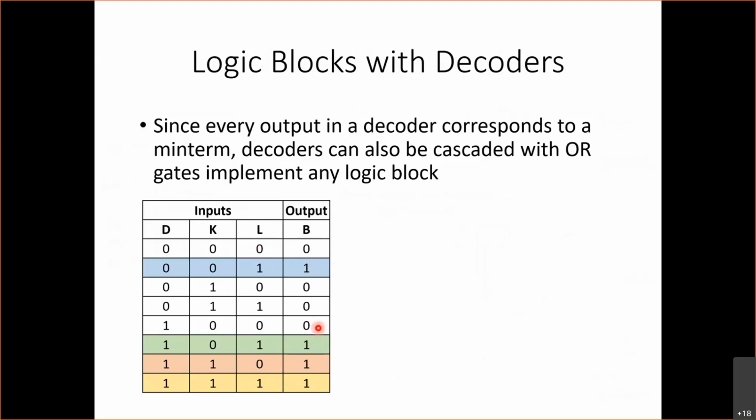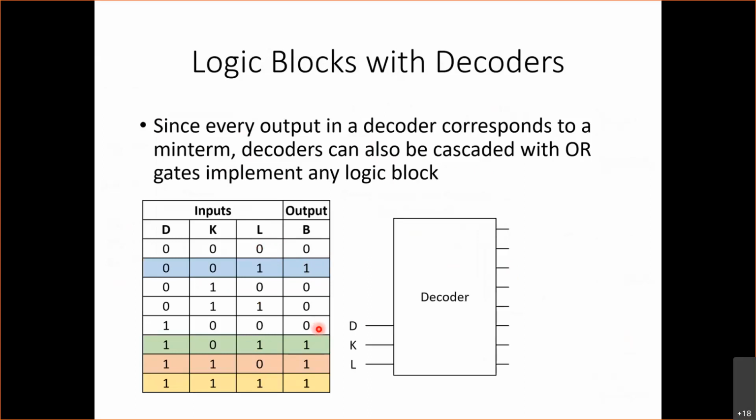So what we can do to implement this, if you went to the lab and it turns out all you have is a decoder and an OR gate, is you could pass the inputs D, K, and L to a decoder. And then for B, you would have an OR gate that gives you B. And you would pass to this OR gate all the lines where the output is 1.